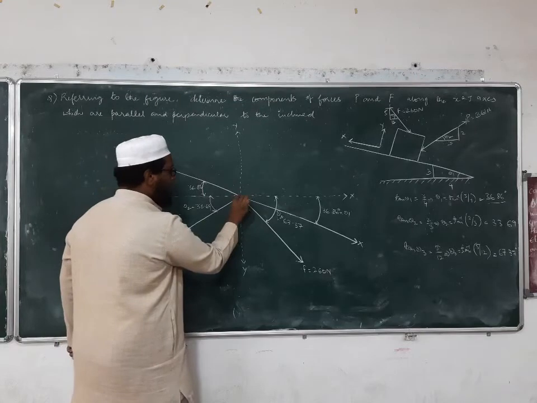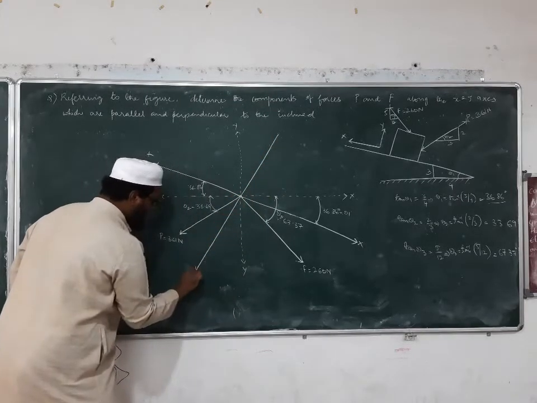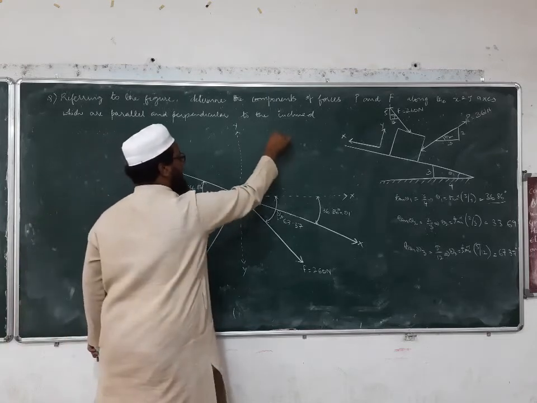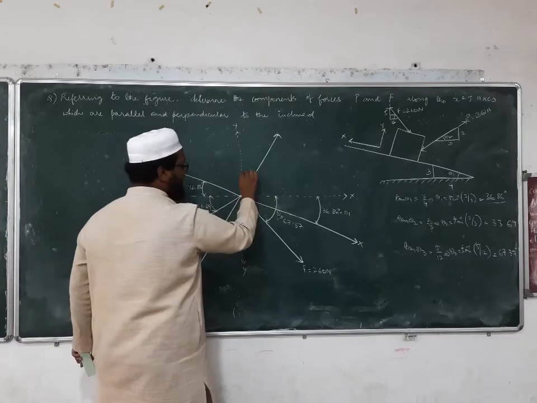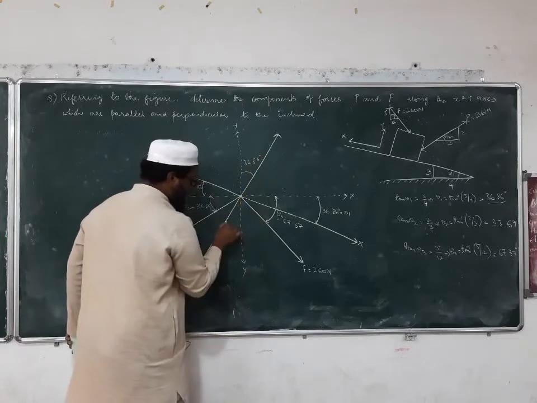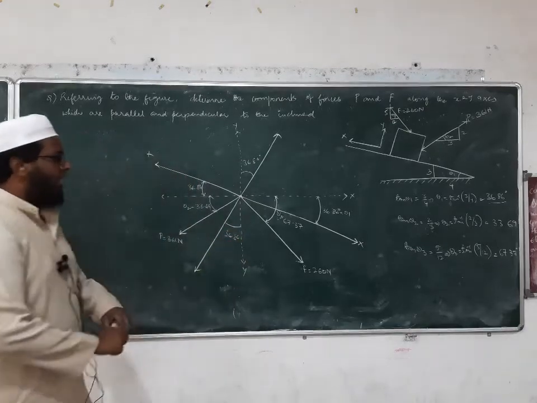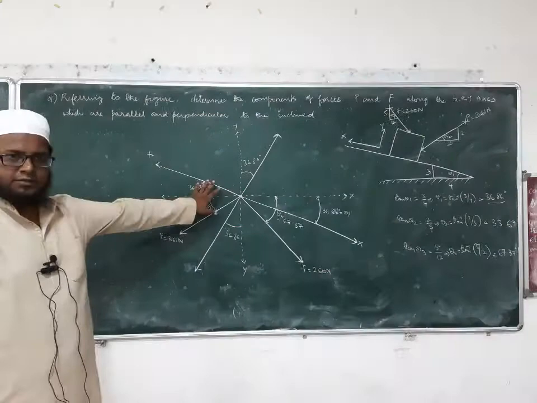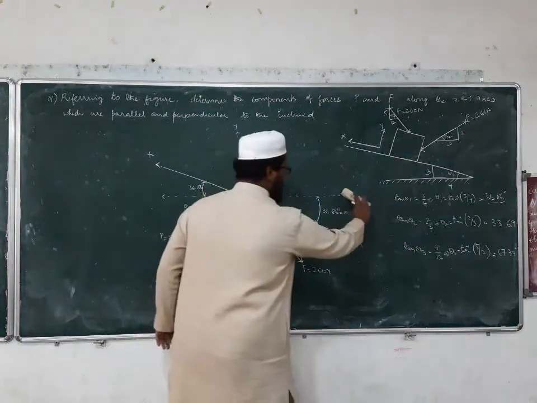Y-axis will also get rotated. So this is my y-axis, and since my x and y-axis are rotating clockwise, this angle will also be 36.86 degrees and this angle will be 36.86 degrees.